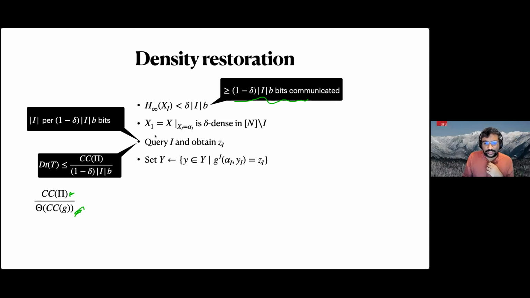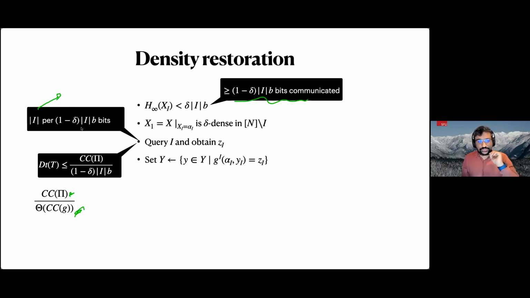But because of this design, we are querying a set of blocks I only when a considerable amount of information has been leaked about those bits. So we make I queries for every 1 minus delta IB bits communicated.